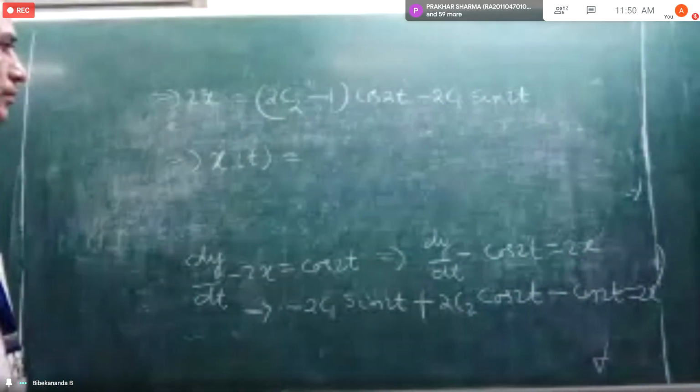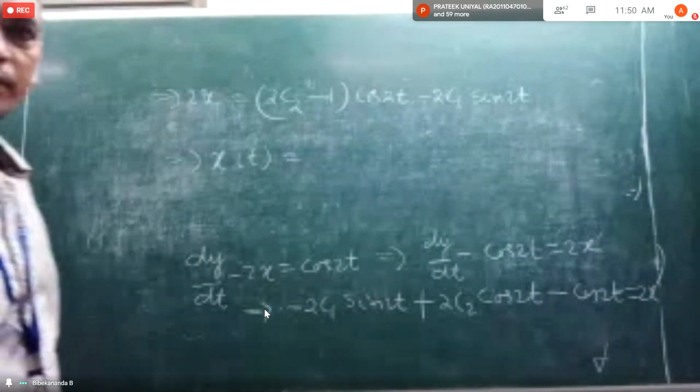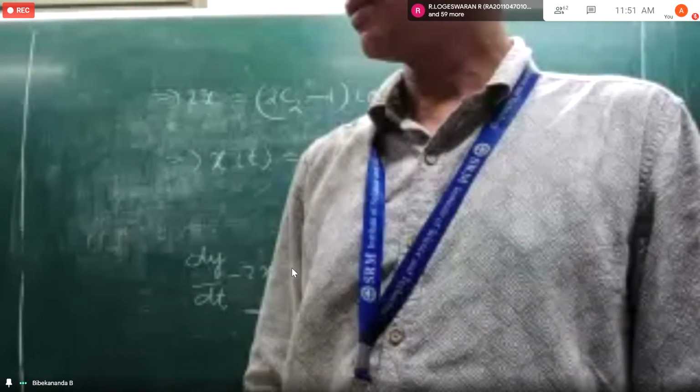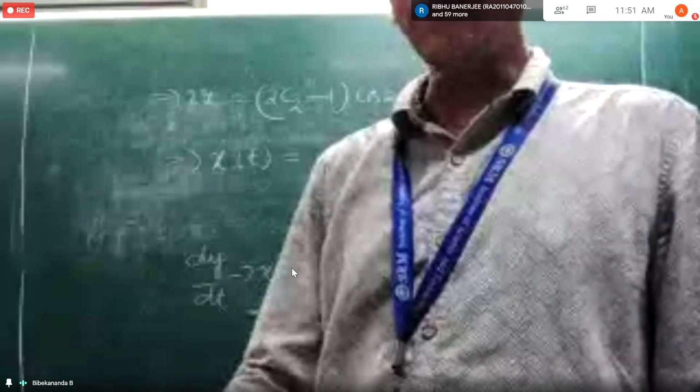Sir, your video is all blurry, sir. Maybe it is because of the network. I don't know why it is happening. Sir, you are using SRM Wi-Fi, sir. Yes, I'm using SRM Wi-Fi. That is maybe the reason. Is it all the time or sometimes in between?